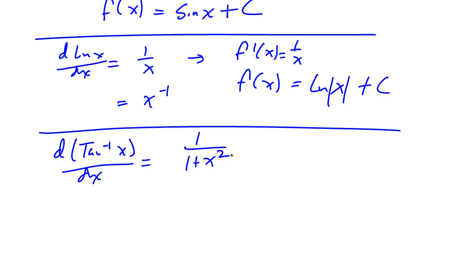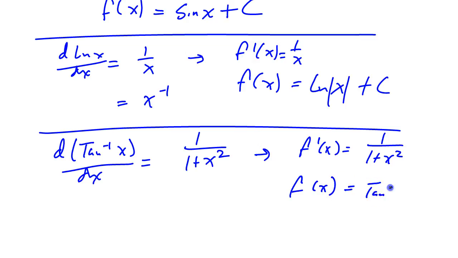I have ways of now figuring it out, and so this isn't quite so mysterious. But still, if I know this derivative, then going backwards tells me that if f prime of x is equal to 1 over 1 plus x squared, then f of x is equal to the arctan, or the inverse tangent, plus a constant.